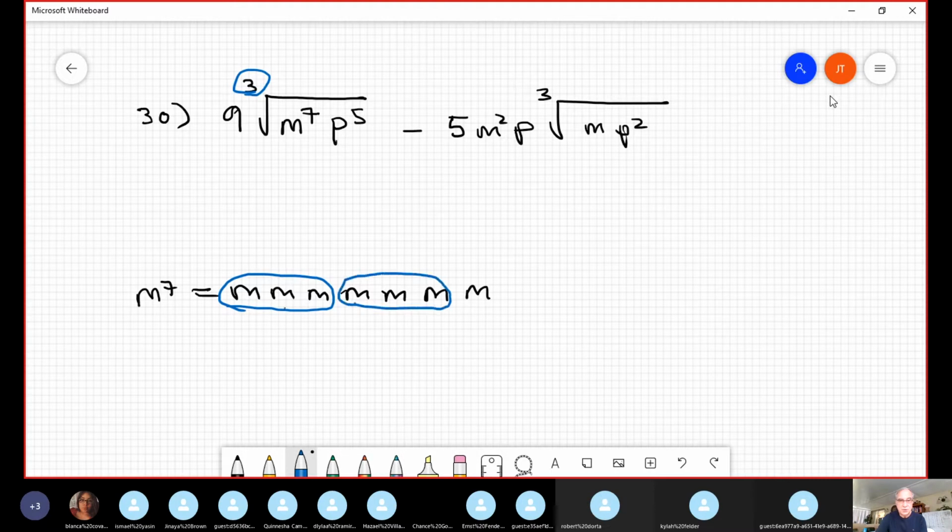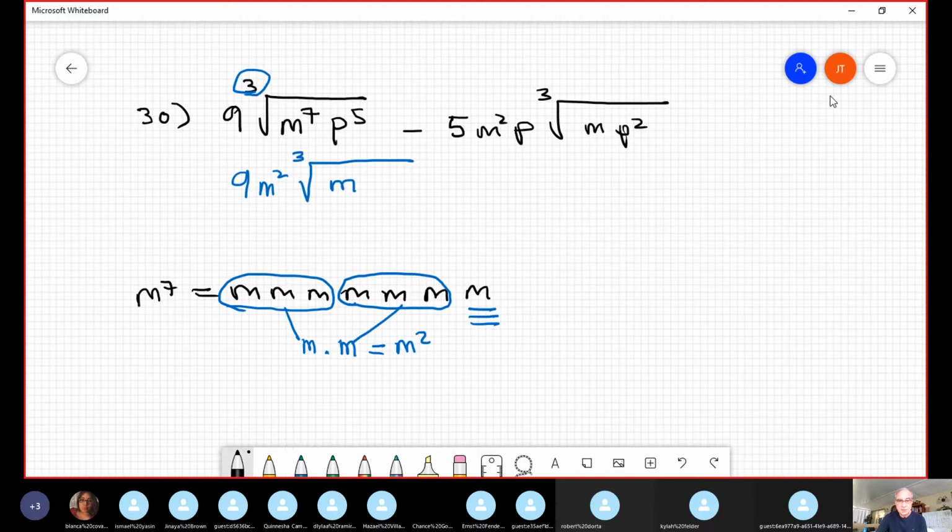Okay, outside we have one M and we have another M. And M times M is M squared. As I copy the 9, bring down M squared, equals 2M, and one M stays inside the radical, cubic root of 1M. What about P? So P is P to the 5th power.